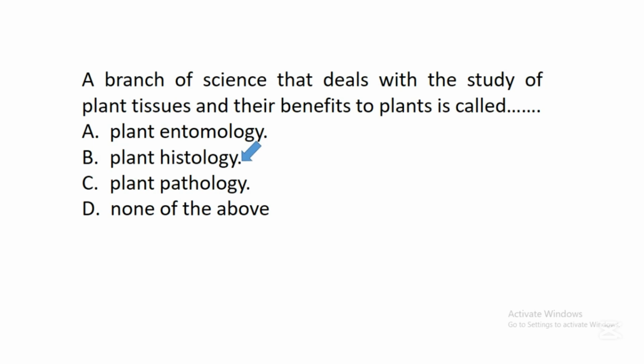Generally, histology is a branch of science that deals with the study of tissues. So, a branch of science that deals with the study of those tissues that are found in plants, the roles they play in plants and the benefits associated with them is best described as plant histology.